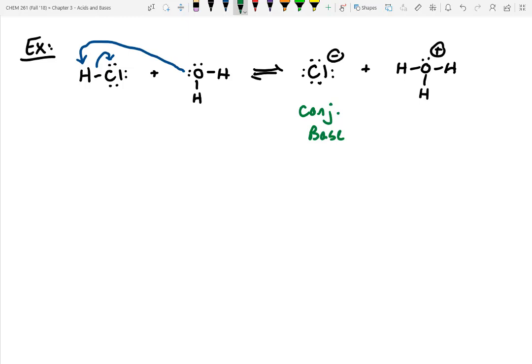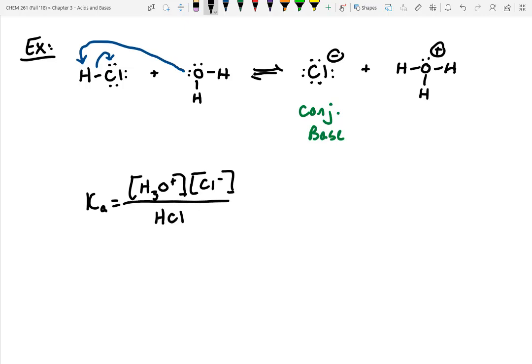Yep. So let's think about the Ka here. If we try to express this, we can say, all right, it's the concentration of our hydronium ion times the concentration of our chloride anion over the concentration of HCl at equilibrium, right?